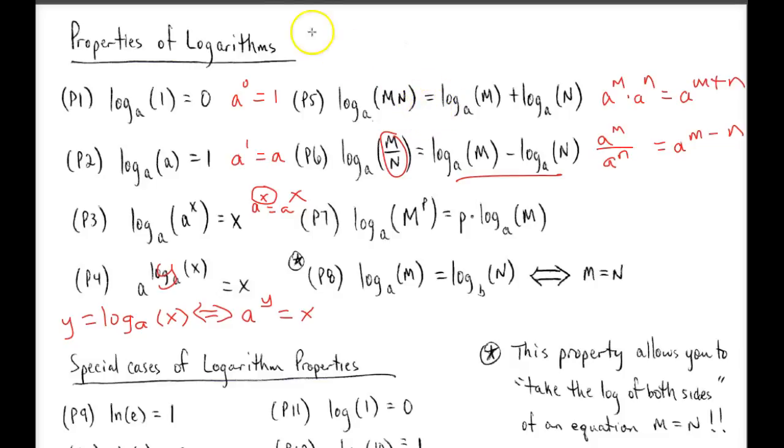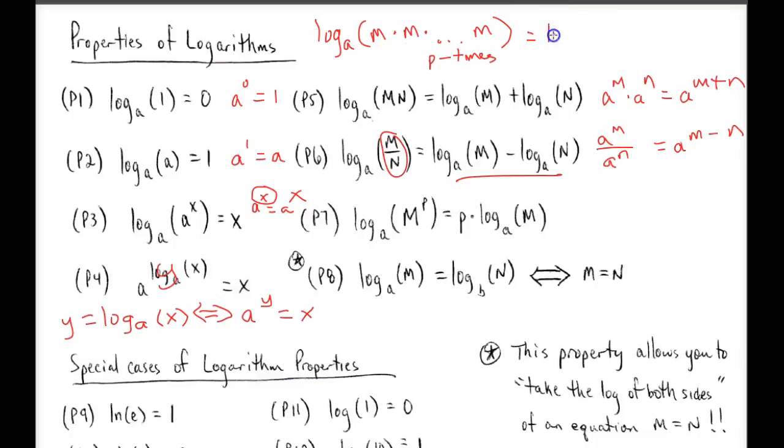To write that out, let's say we had log base a of m times m times, and we just keep on multiplying m times itself a number of p times.